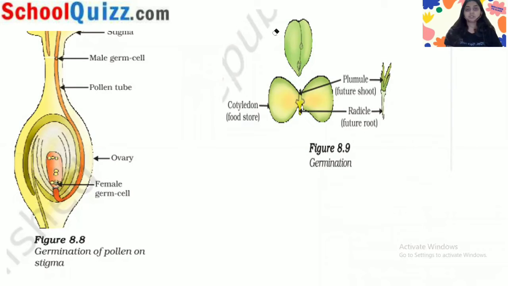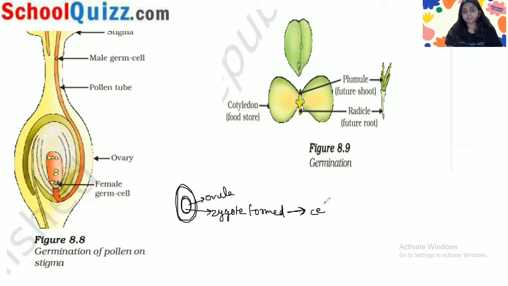So how is the seed formed in a plant, or you can say in a fruit? This is an ovary, and in the ovary there is an ovule. The zygote is formed, and in the zygote the cell divides.